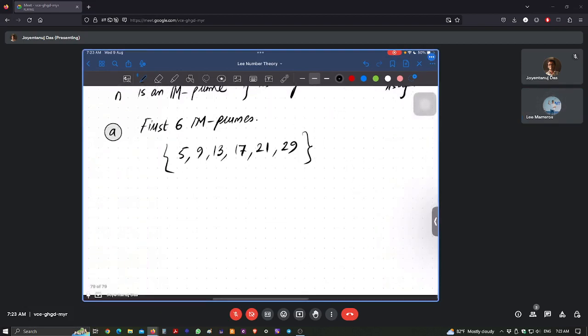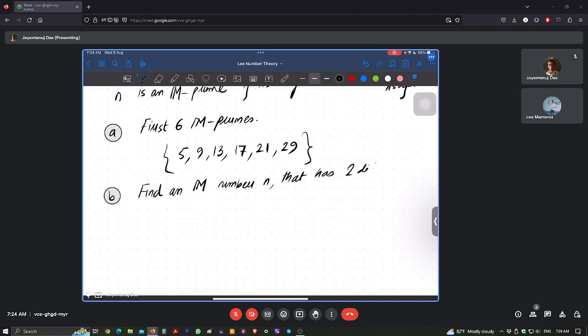So that is fine. Part B, they are asking, find an M number n that has 2 different factorizations as a product of M primes.